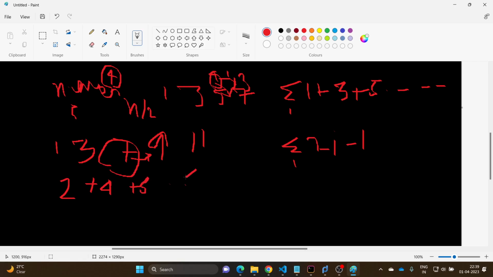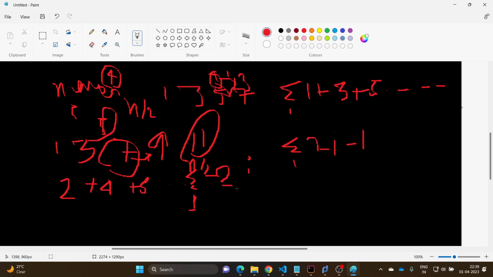So this is nothing but sigma 2 into i, and the largest term in this case was 4. So this is nothing but n by 2 again, floor of n by 2 to be more precise, and i is equal to 1 to n by 2.